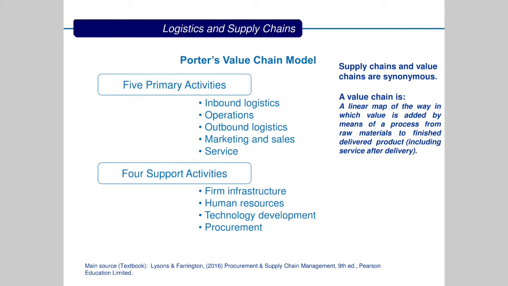You can think of any organization, like a car manufacturer: how raw material came to the car company, what process happened next, and what value these processes added. So you will be able to make a linear map.